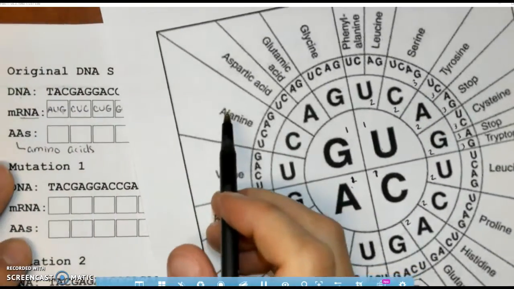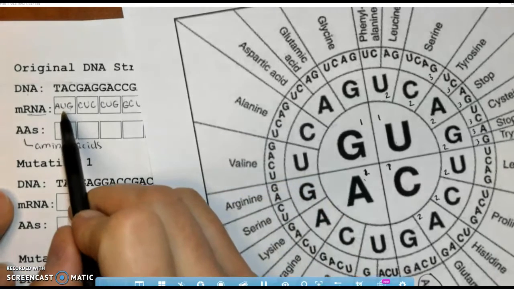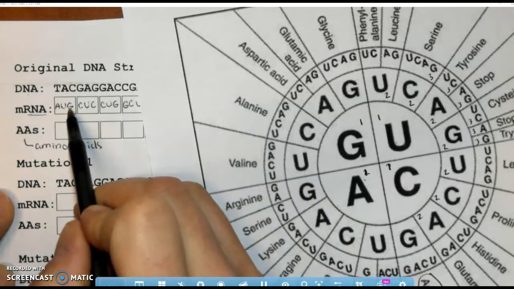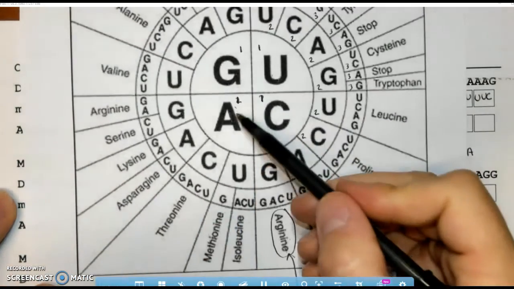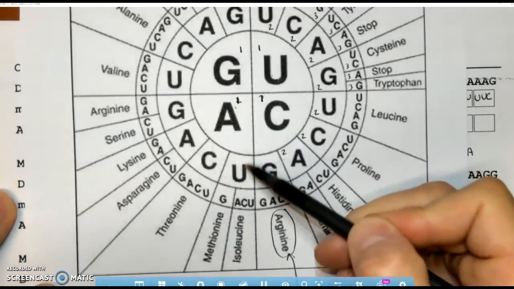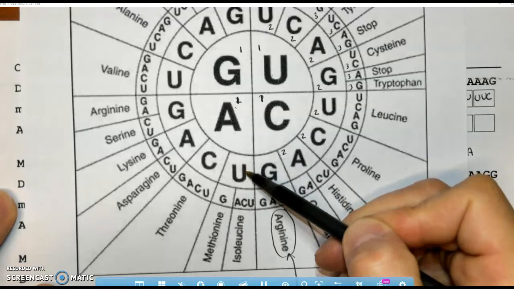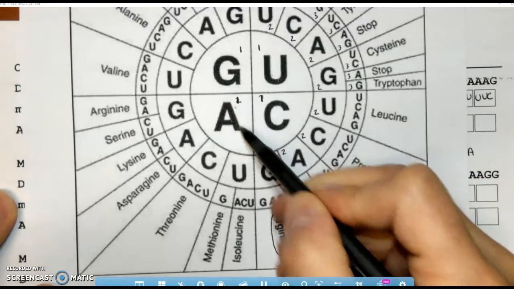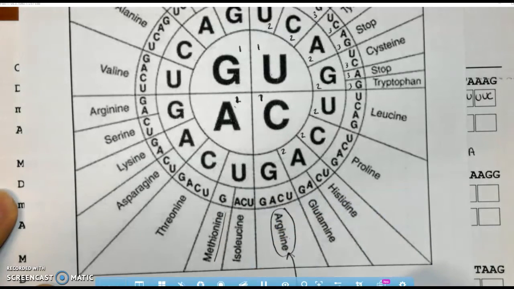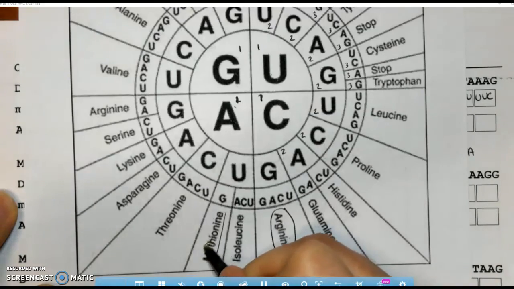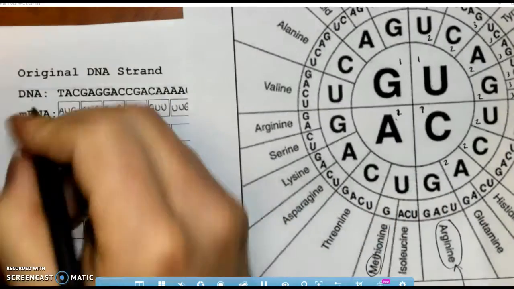My first codon is AUG. What amino acid will that create? So let's find our first letter A, our second letter U, our third letter G. So AUG looks like methionine is my amino acid. I'm just going to write the first 3 letters of that, MET.